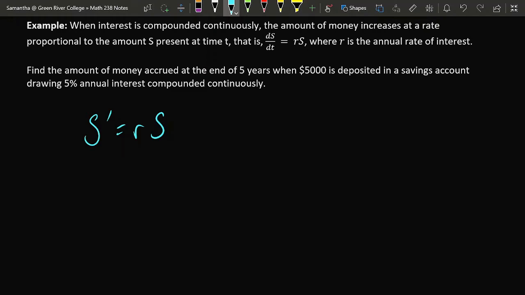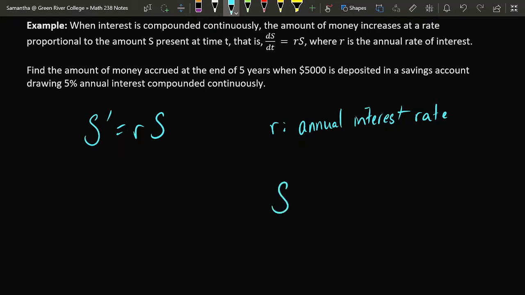Now in particular, we're told here that R represents the annual interest rate. Find the amount of money accrued at the end of 5 years.